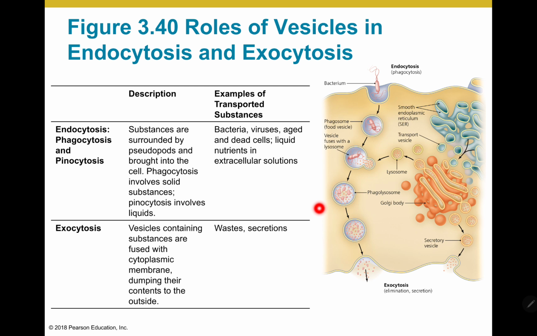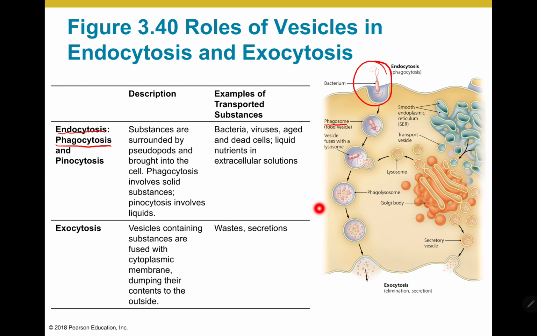Understand the roles of vesicular transport, movement within a vesicle. Endocytosis is essentially bringing something into the cell. You can bring it in through phagocytosis, and this is the example right here. Phagocytosis is where you're bringing in a larger object, for example a bacterium, and you're going to put it in a phagosome.